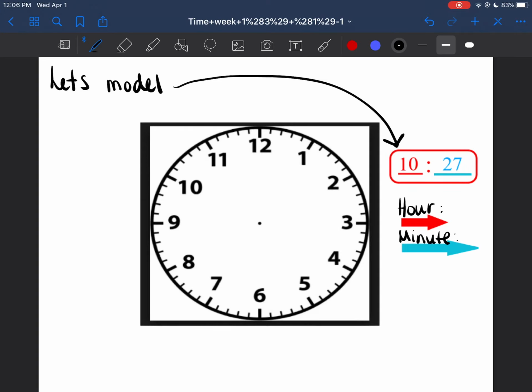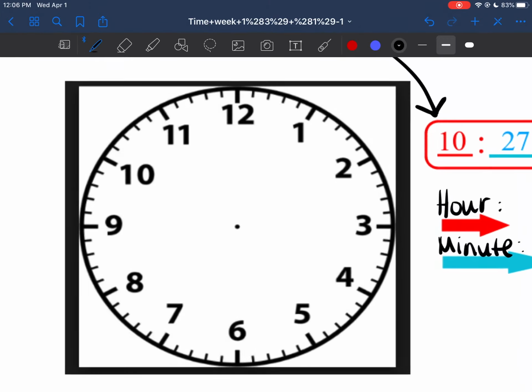All right, so we're going to practice labeling or marking time from a digital clock onto our analog clock. Yesterday, we talked about how the hour hand is the shorter hand and the minute hand is the longer hand. We're going to represent the time 10:27 on this clock.